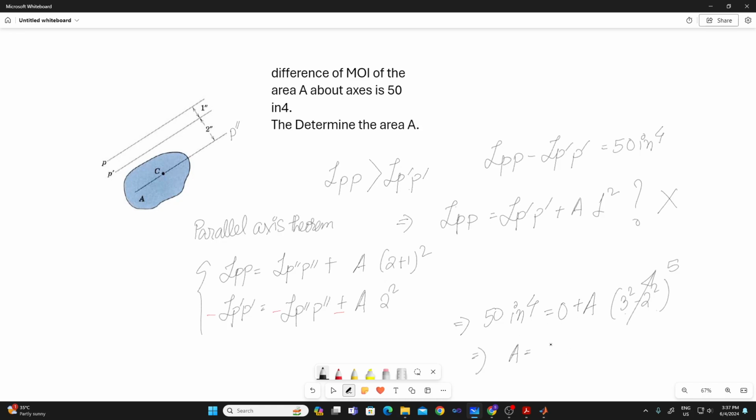If you divide 50 by 5, you get 10 inch squared as the area of the geometry.